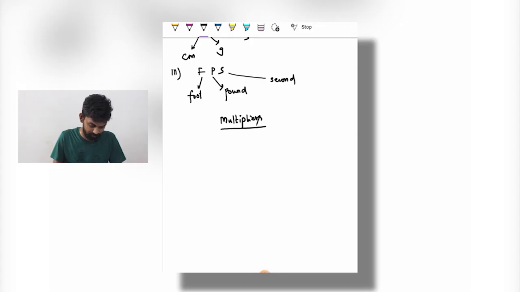Now coming to multipliers. First we will see the positive multipliers and then the negative multipliers, where if you are measuring very large quantities or very small quantities, it is very easy to write the magnitude of any measurement with the help of these multipliers.